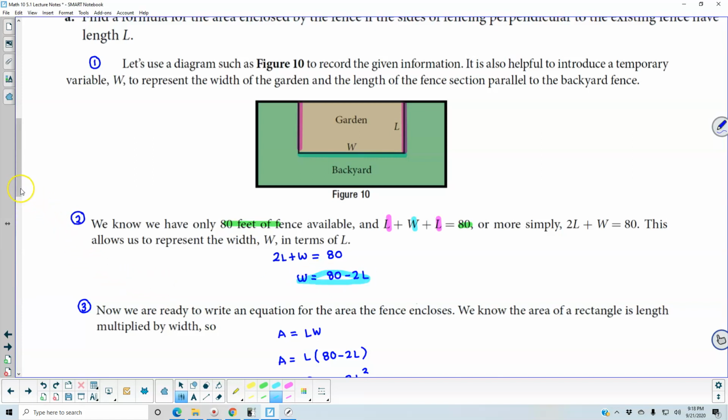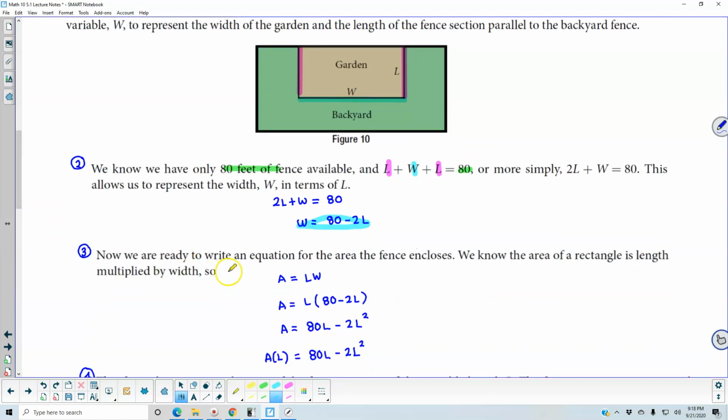In step number 3, now we are ready to write an equation for the area the fence encloses. So we need to know the formula for the area of a rectangle, and that is the length multiplied by its width. So area is equal to length times width. We're keeping the L out here, but recall that we replaced W with 80 - 2L. So now what we have is L in our entire right side of this equation for the area.